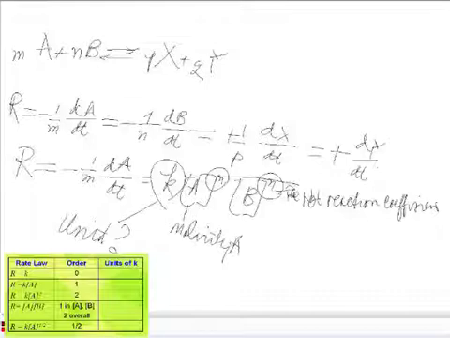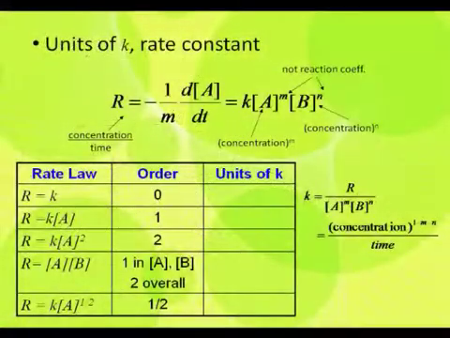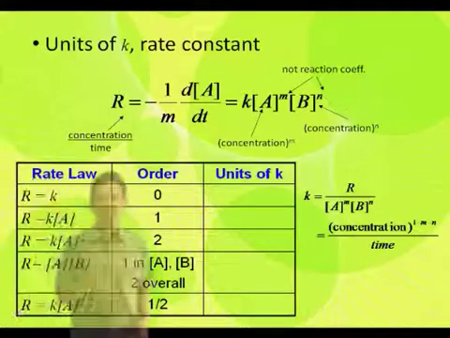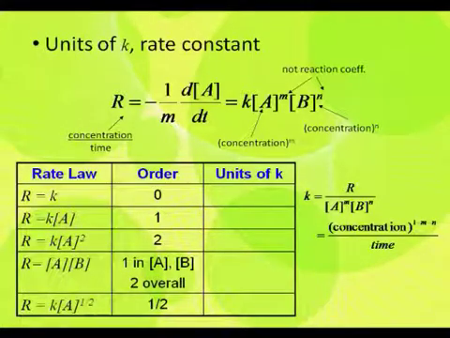Okay, we can go to the presentation. Have a look over there. You can see that the constant itself depends on the order of the reaction, and K is equal to the rate divided by the molarity powered by the reaction order.